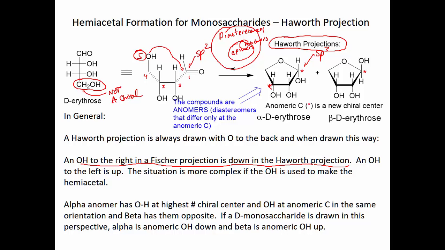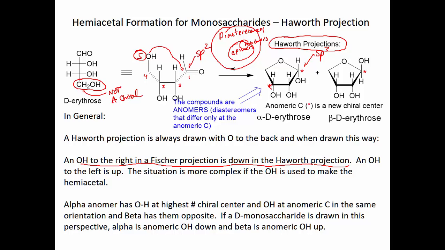All epimers are diastereomers, all anomers are epimers, and ergo also diastereomers. So an anomer is a diastereomer or epimer that differs only at the anomeric carbon.